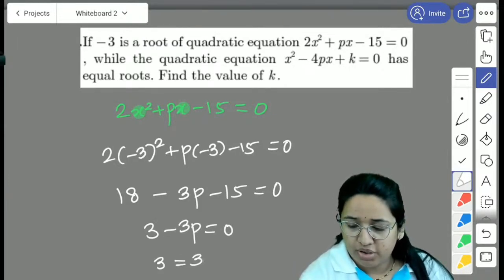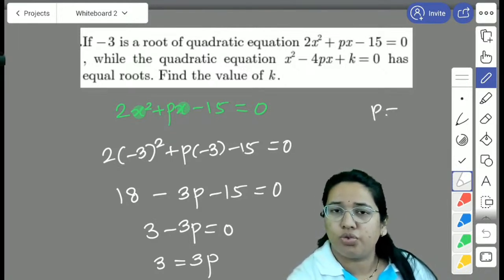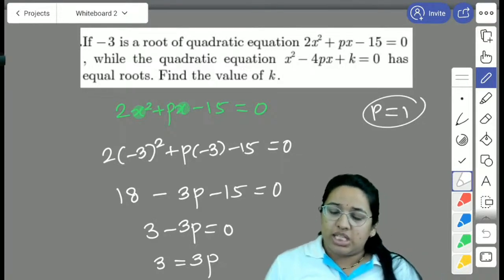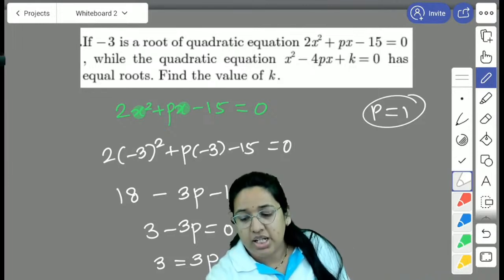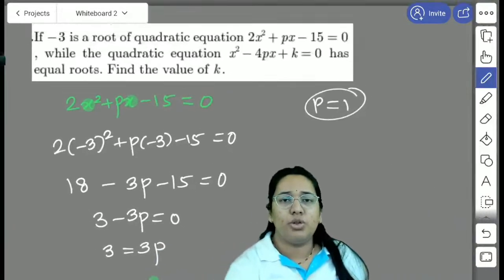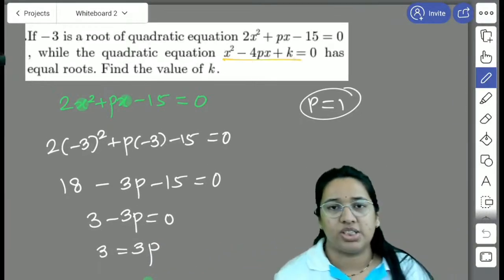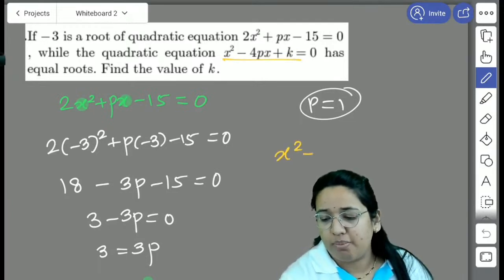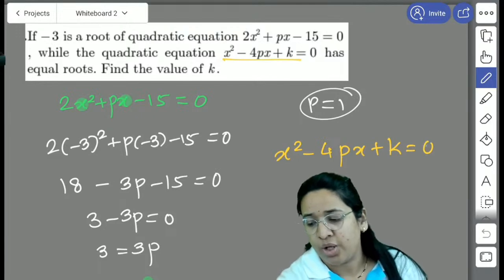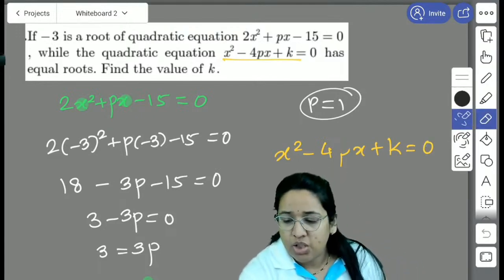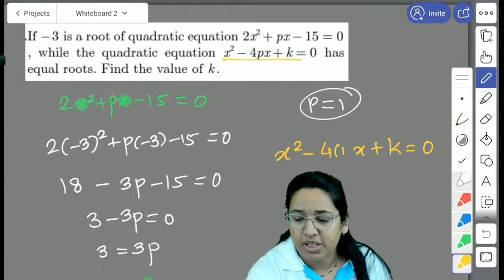After solving for this, you will get the value of p as 1. So the only remaining part is that just put the value of p in the second equation, that is x square minus 4 times px plus k equals to 0. What we have to use here, we'll just replace that p by 1.